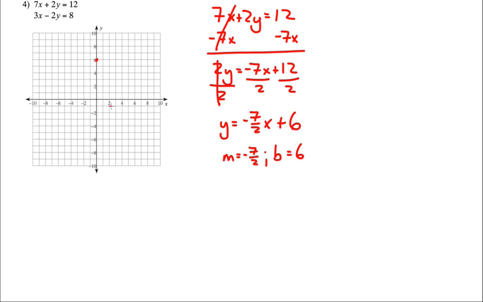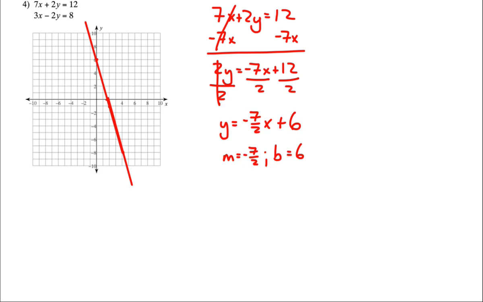So down 7 and over 2 gives me this point right here, and if I want to do it one more time, down 7 and over 2 is right here. Okay, now I can draw that line easily. It looks like this from here up through there like that, and from here down through there like that. Okay, so there's my line.